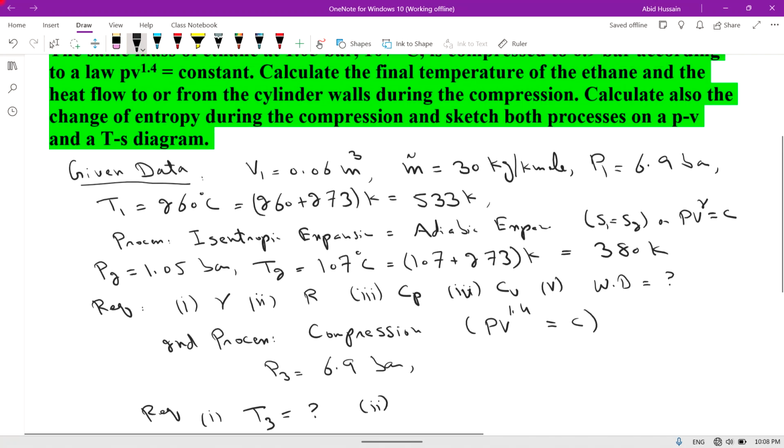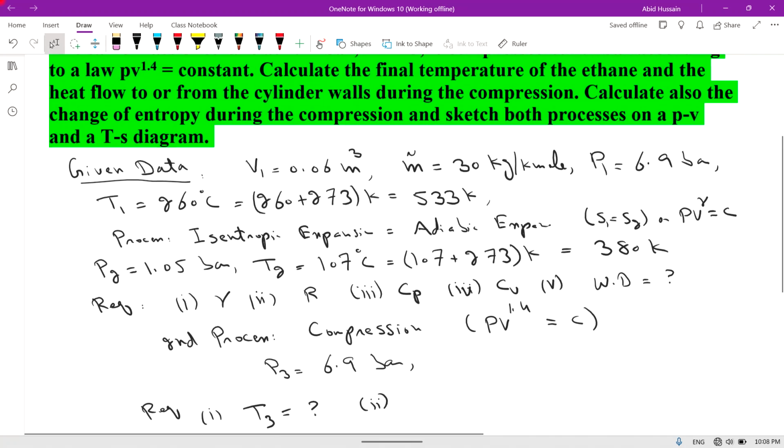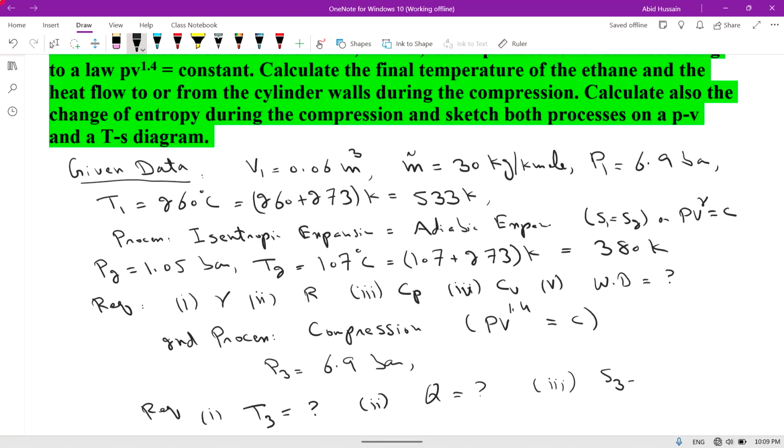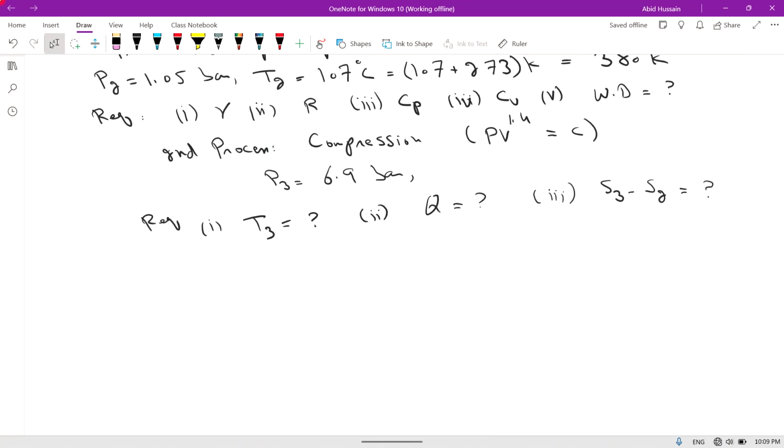Number 2, the heat flow to or from the cylinder wall during the compression, find Q. And number 3, calculate also the change of entropy during the compression, S3 minus S2, the change in entropy for the second process. And sketch the process on a PV and TS diagram.